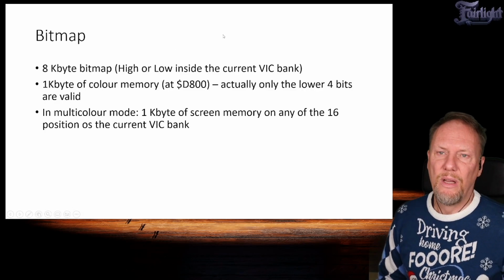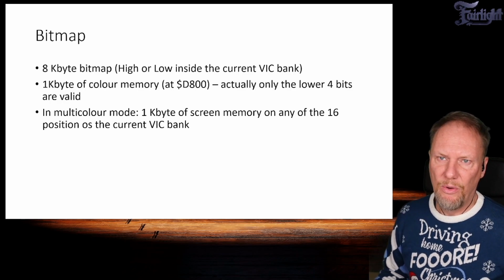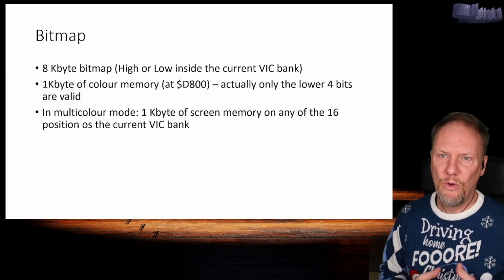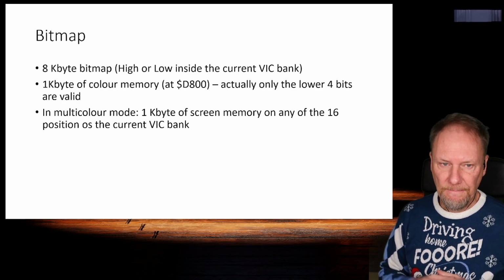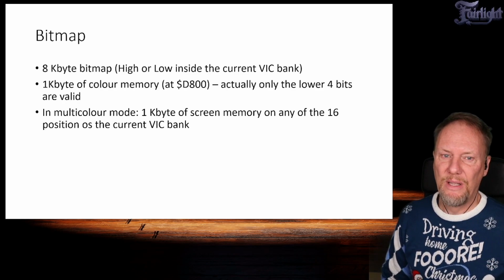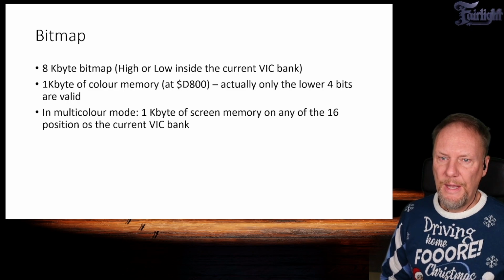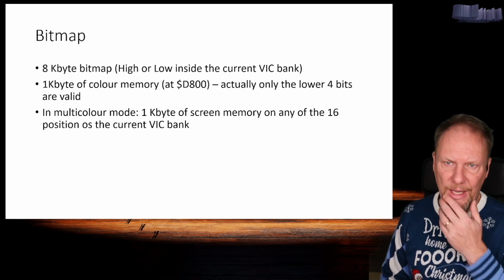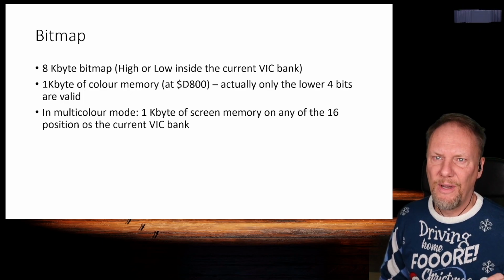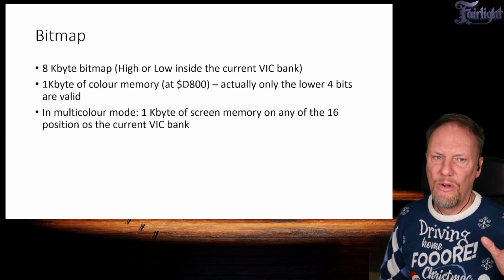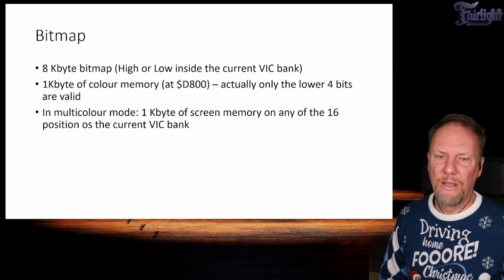Bitmap mode has 3 components to it, or 2 if it's high-res and 3 if it's multicolor. There is an 8 kilobyte bitmap. We will get to the VIC bank, but for now, accept the fact that you could be either high or low inside the VIC bank.